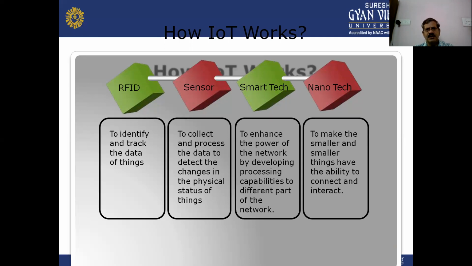Next, smart tech enhances the power of the network by developing processing capabilities in different parts of the network. And nanotechnology makes smaller and smaller things have the ability to connect and interact. So this is how IoT works.